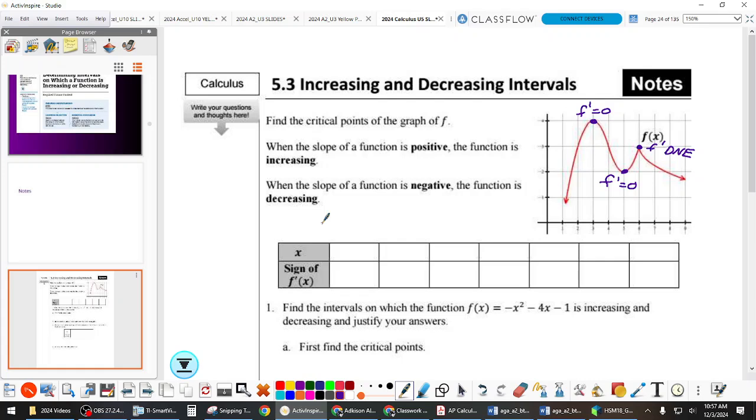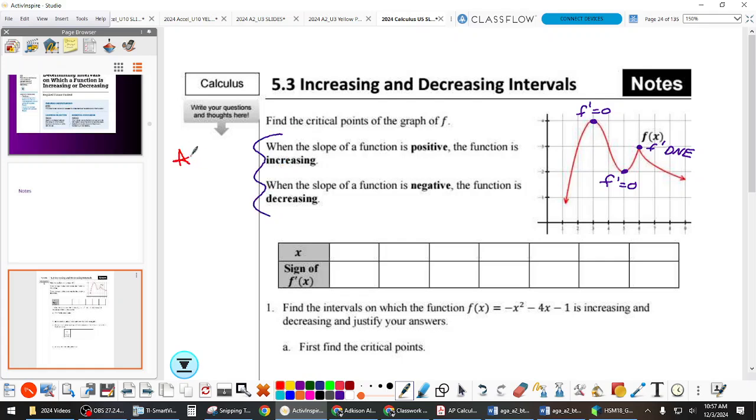So, first find the critical points, like we just did on the problem you asked about, where you would have to find the derivative, set it equal to 0, and figure out where it's nonexistent. So that will be part of our process. And we're looking for what happens when the graph or the slope is positive. That's increasing, right? Yeah. And this is kind of just review from algebra 2.